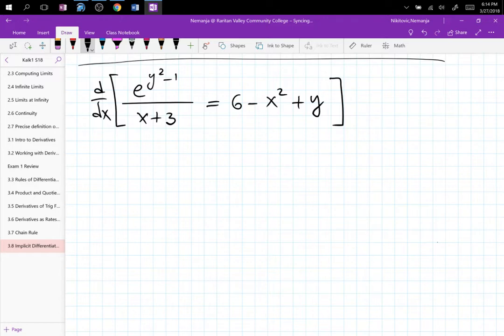No. What should we do? Cross multiply, guys. Simplify the thing. Why do you want to suffer through quotient rule if you can simply cross multiply and deal with cheap functions? Go on.